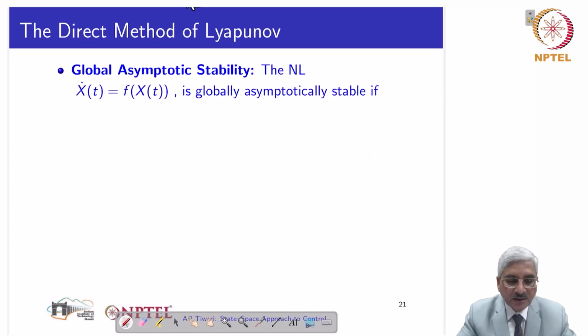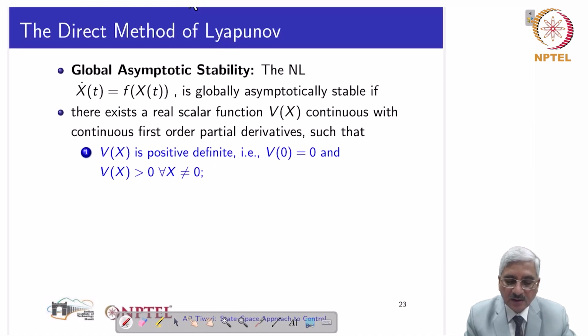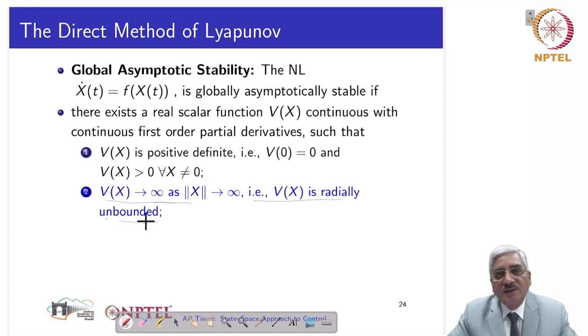Now we extend the definition to global asymptotic stability. To be globally asymptotically stable, it should satisfy the properties given here: first of all it should be continuous, its first order partial derivatives should be continuous, it should be positive definite, and it should be radially unbounded.